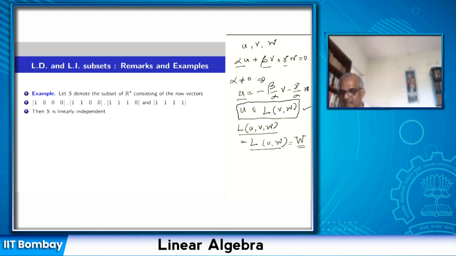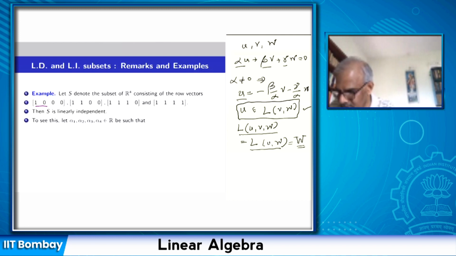I have to take a linear combination. If a linear combination produces the 0 vector, and that implies that the scalars involved in that linear combination are 0, then that set will be linearly independent. Otherwise, it will be linearly dependent. So I have to take an arbitrary linear combination: alpha 1 times the first vector, alpha 2 times the second vector, alpha 3 times the third vector, and so on, and suppose it is the 0 vector.